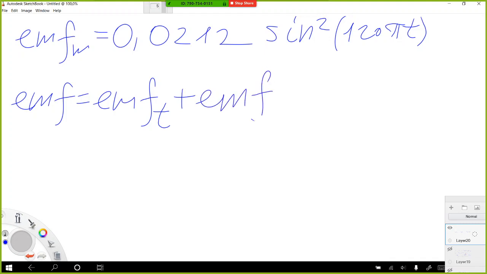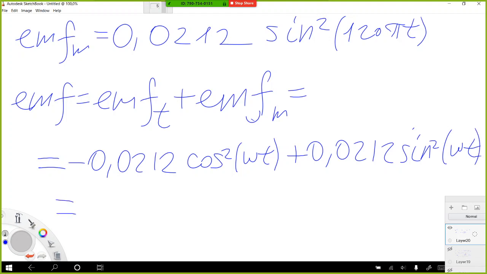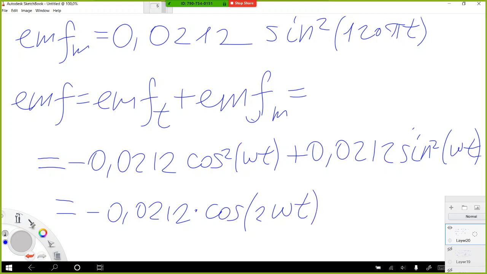The total electromotive force will be the sum of the electromotive force due to the transformer action plus the electromotive force due to the motional action, and we have minus 0.0212 cosine squared omega t plus 0.0212 sine squared omega t, which is equal to minus 0.0212, since cosine squared minus sine squared gives us cosine 2 omega t, multiplied by cosine of 2 omega t.